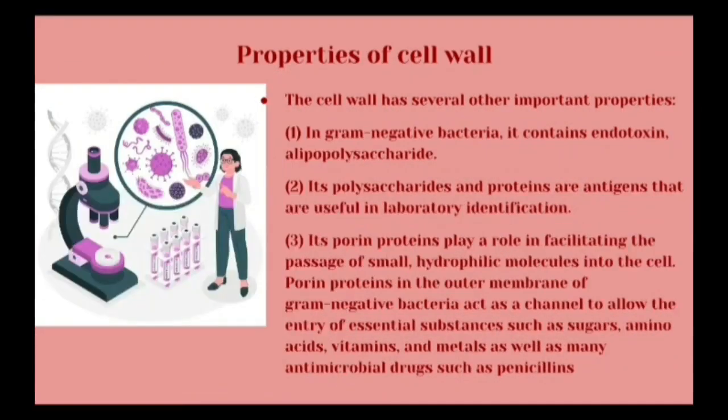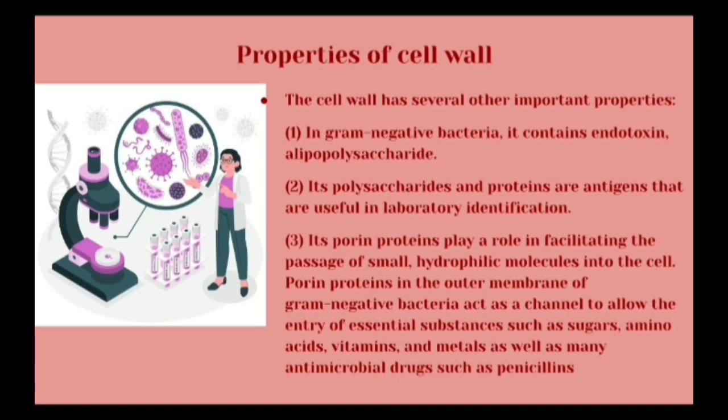Then the properties of the cell wall: gram negative bacteria contain endotoxin and lipopolysaccharides. Its polysaccharides and proteins are antigens that are useful in laboratory identification. That is, the polysaccharide and protein present in the cell wall help in detection of the bacteria.